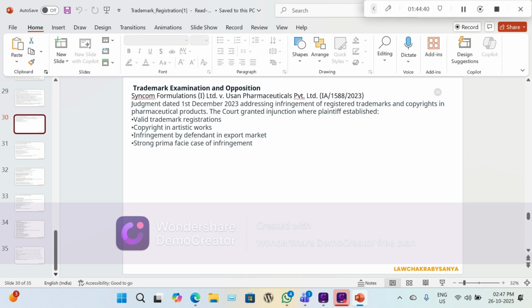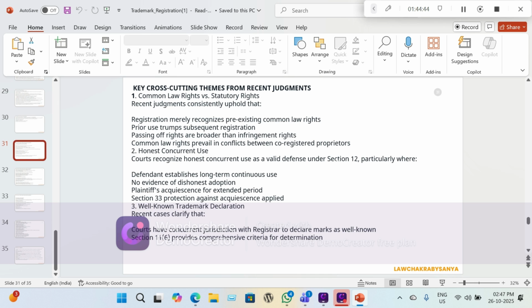Then on the next slide, we have key cross-cutting themes from recent judgments that you must make a note of. That is common law rights versus statutory rights. Recent judgments consistently uphold common law rights over registration rights. So you have to be very careful when you're applying for a trademark.